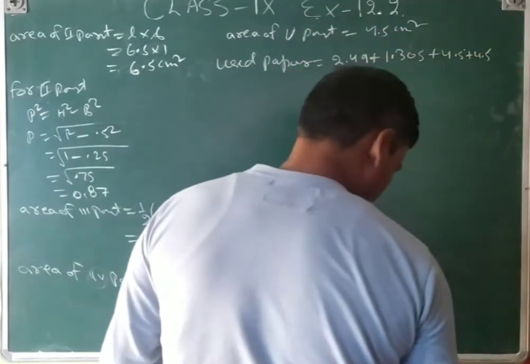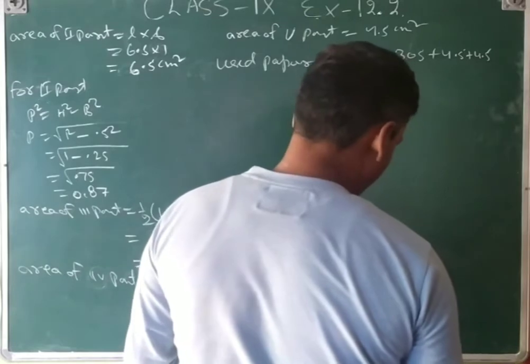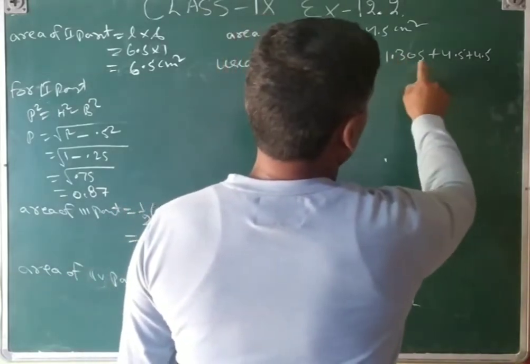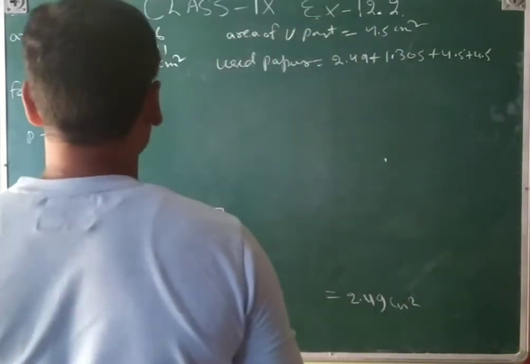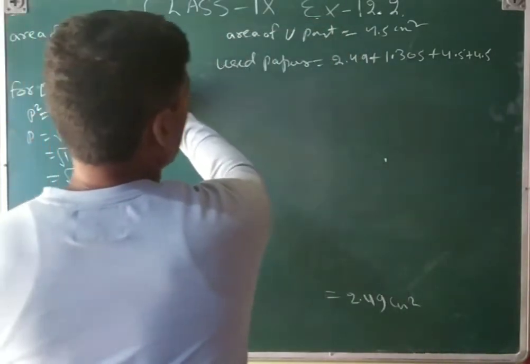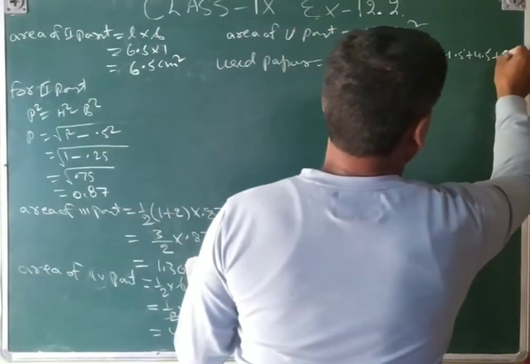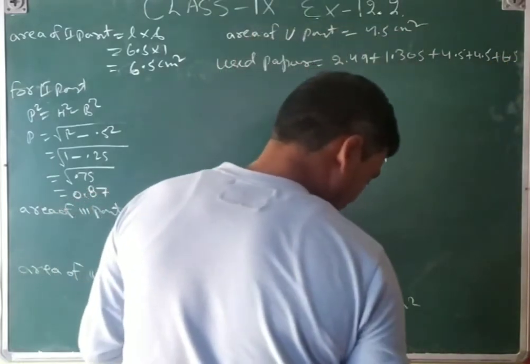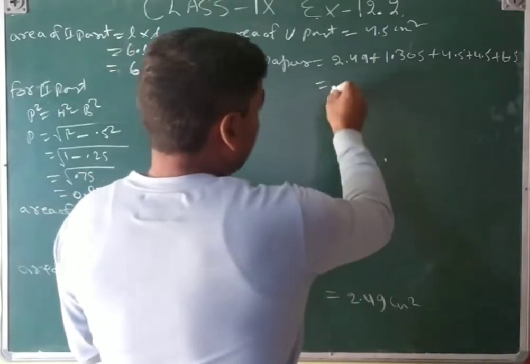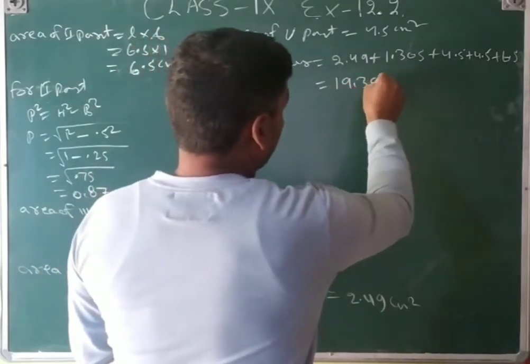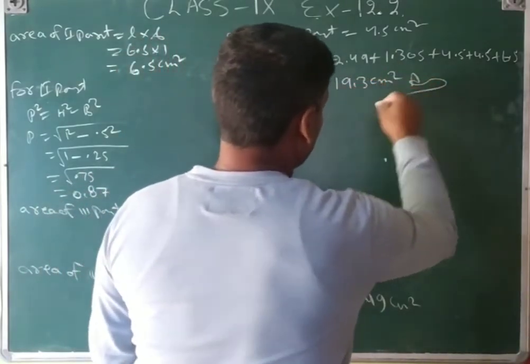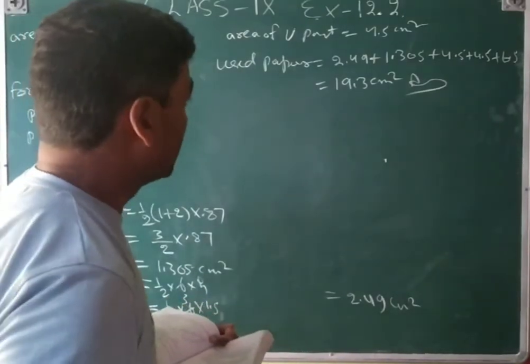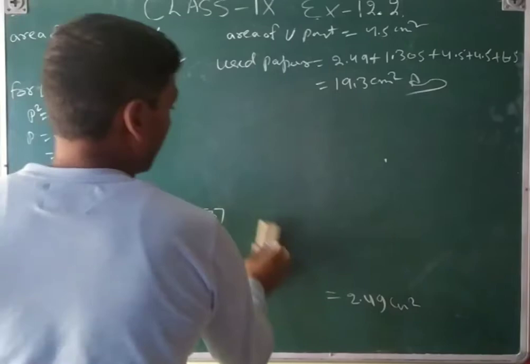The sum of all of these will be 19.3 centimeter square. That is the answer. This is the approximate value, not a perfect value.